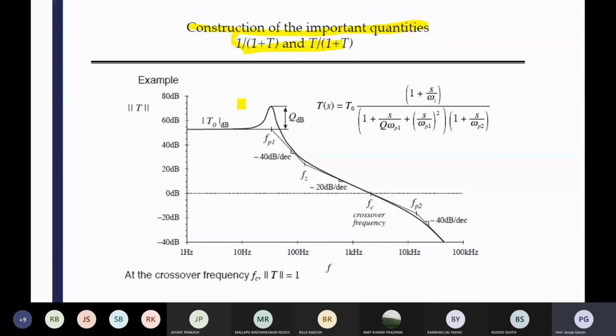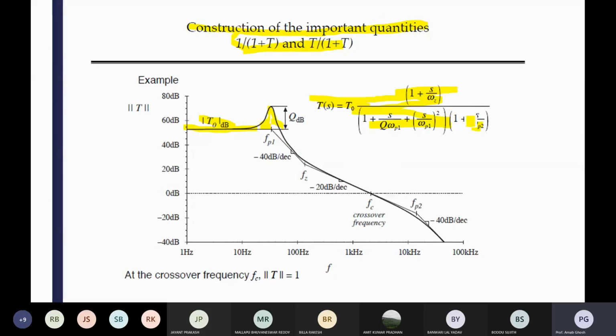From the transfer function you can write that there are second-order poles. The pole frequency omega_p1 is less than the zero frequency omega_z, and then another pole omega_p2 is greater than the zero frequency omega_z.